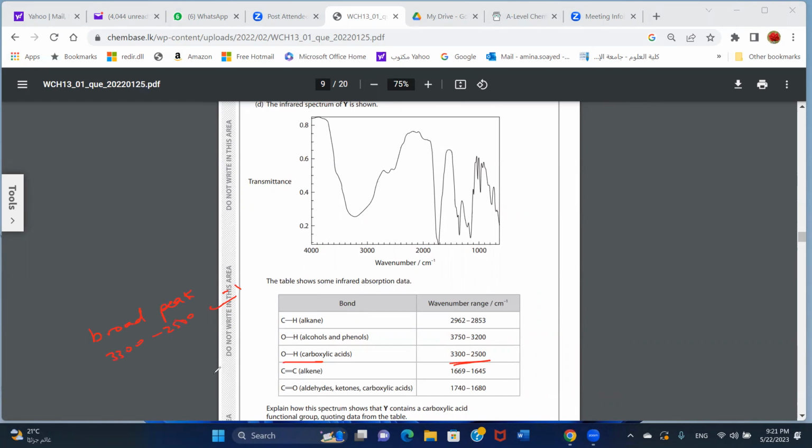It also has a C double bond O absorption from 1740 to 1680. Yes, excellent. It has another peak corresponding to the C double bond O between 1,680 to 1,740 centimeter minus 1. Yes, excellent, Abdurrahman. Does anyone have any question here? Infrared? Okay.